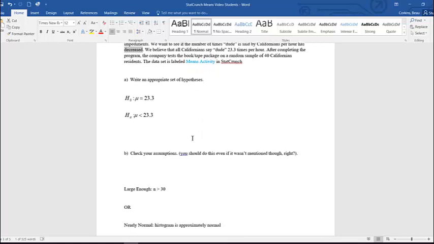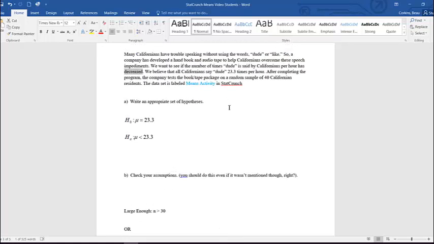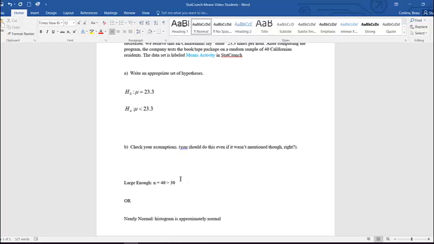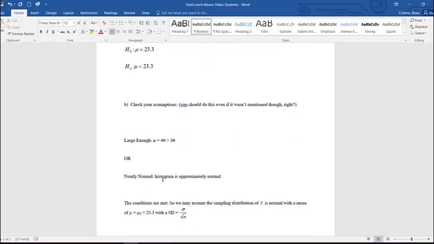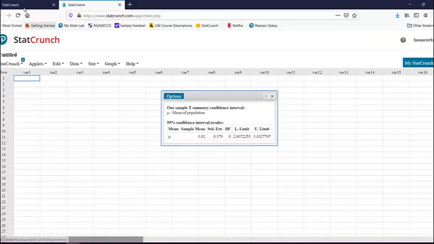Then check your conditions. Large enough condition: the sample size is 40 Californians, which is greater than 30. So that condition is met. However, we could also check the nearly normal condition. Let's go to StatCrunch.